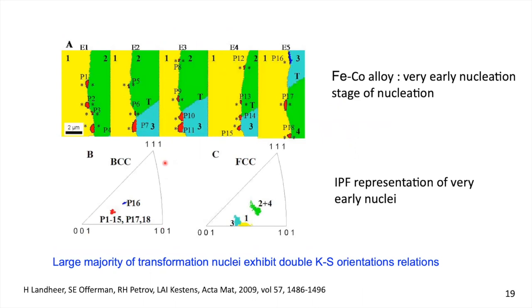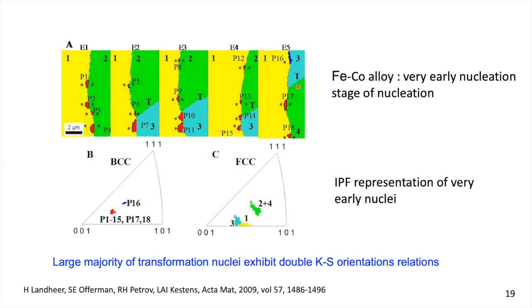Now, it was not just a hypothetical model. In the PhD thesis of Hiske Land here, she proved it on another system, iron cobalt. Iron cobalt is an interesting model system because there the transformation temperatures are much lower and you can have a semi-transformed structure even at room temperature.